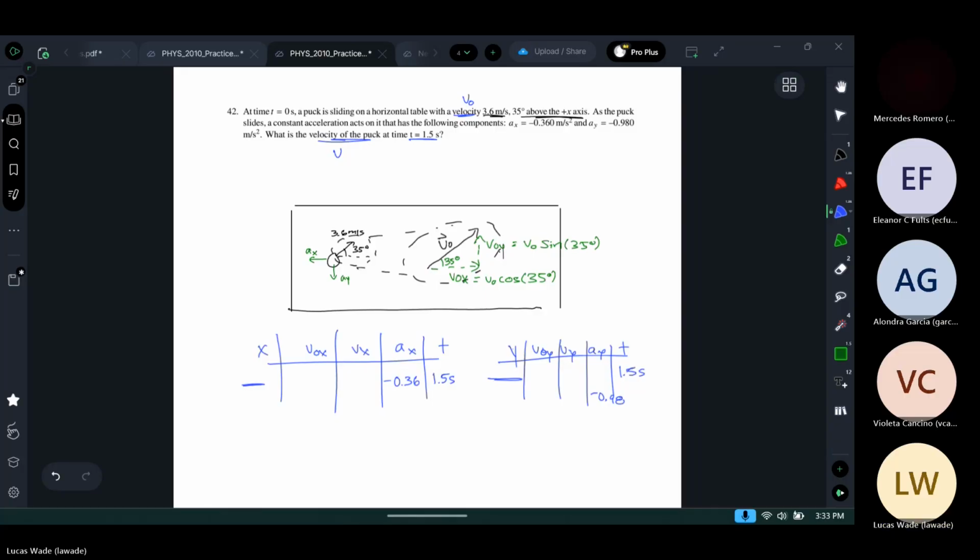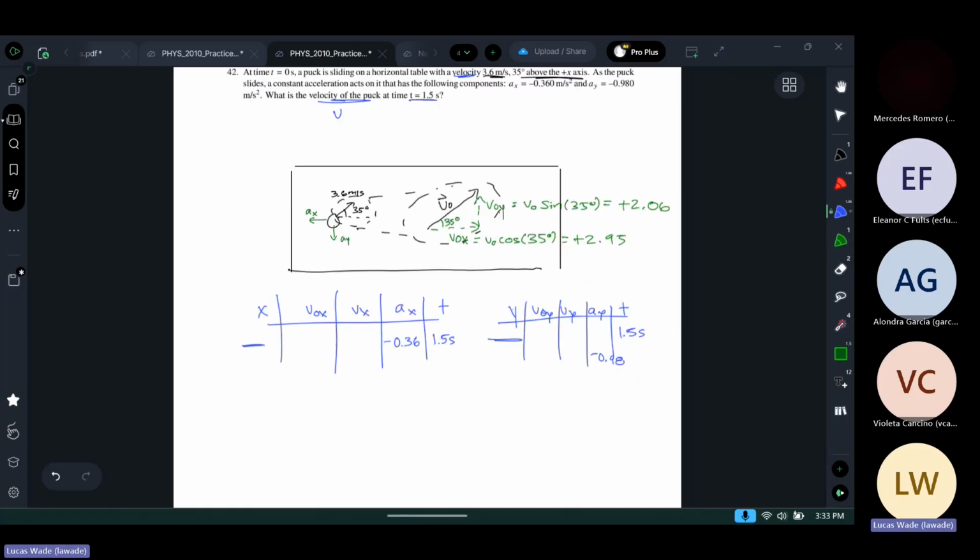Give me a second to calculate those. So v0 is 3.6, that's what's given at the top. So v0y is positive 2.06, and v0x is positive 2.95.